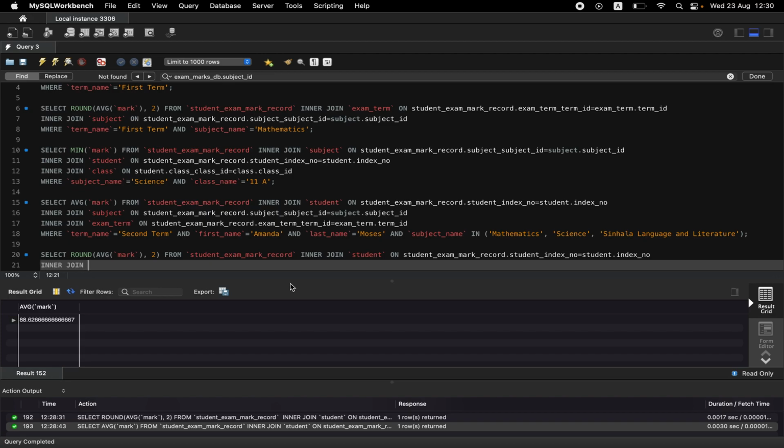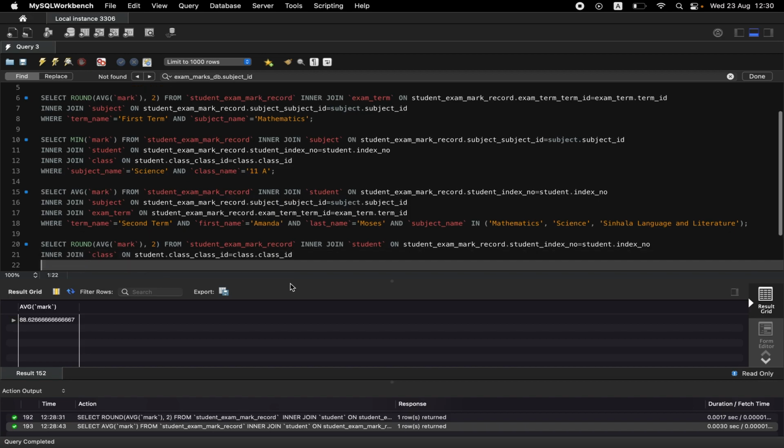Inner join class table on student dot class id, student table class id equals to class table class id.